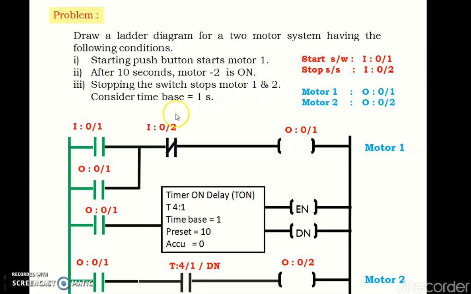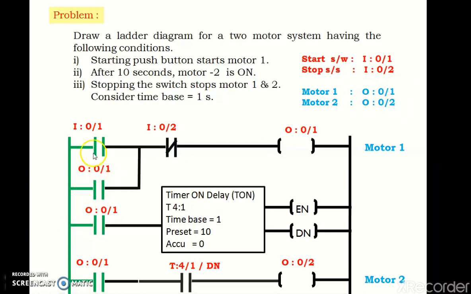For that purpose, simple ladder is considered. Start switch is considered as input 0/1, stop switch as 2, motor 1 as output 1 and motor 2 as output 2.